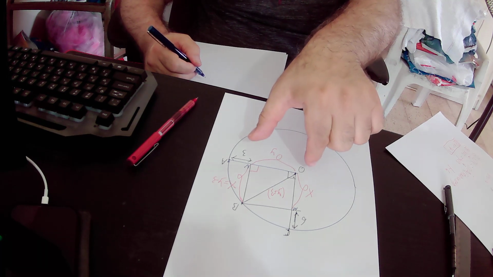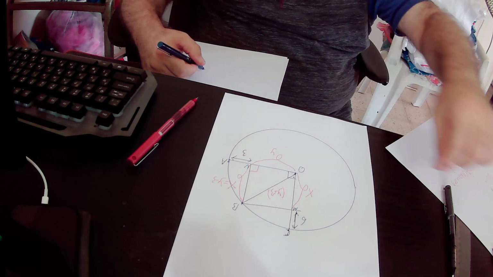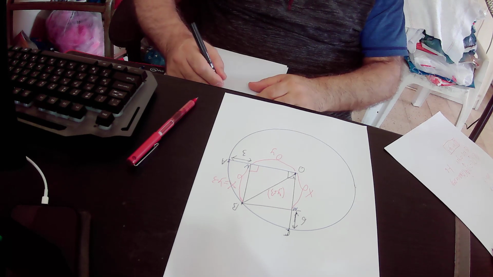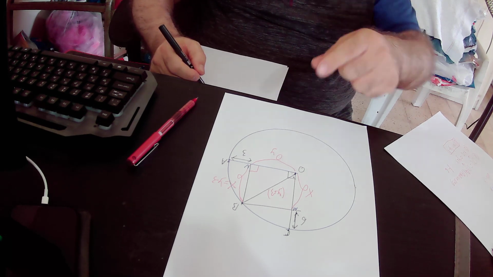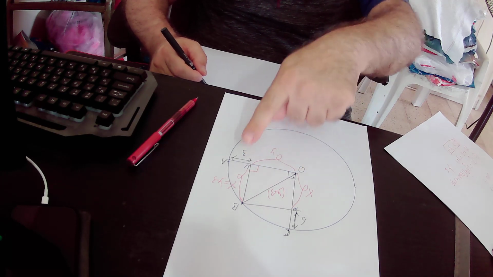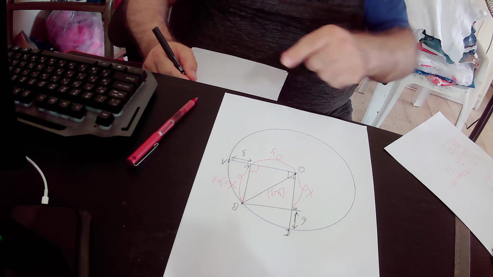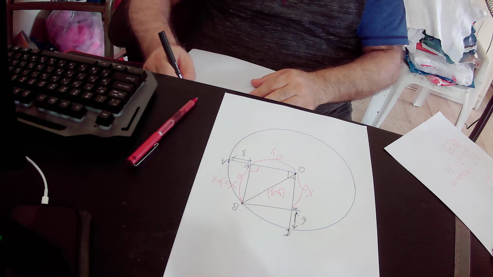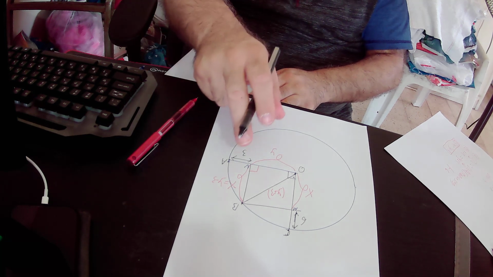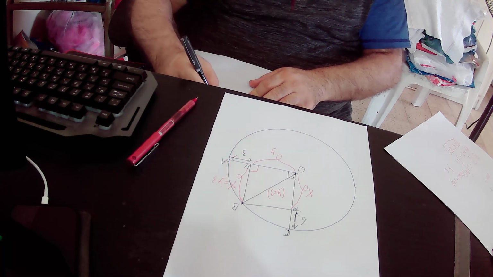Side ON of the right triangle equals Y. Side NB equals X, but X equals Y minus 3, so NB equals Y minus 3, and the hypotenuse OB equals Y plus 3.